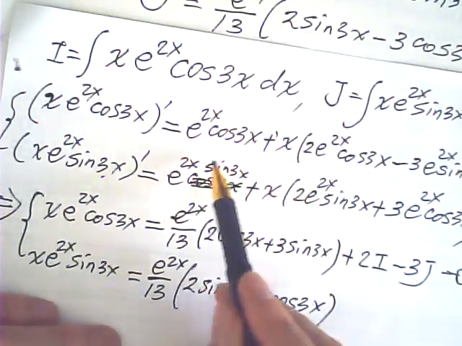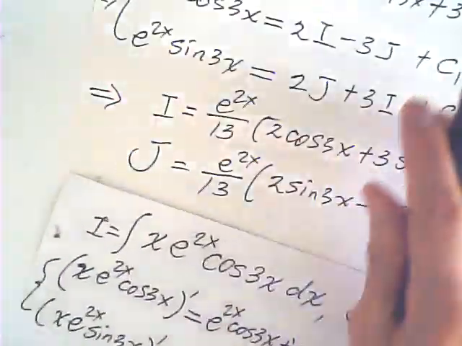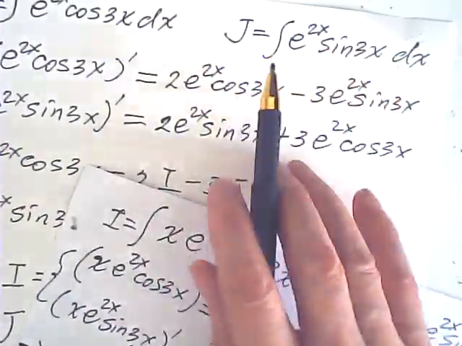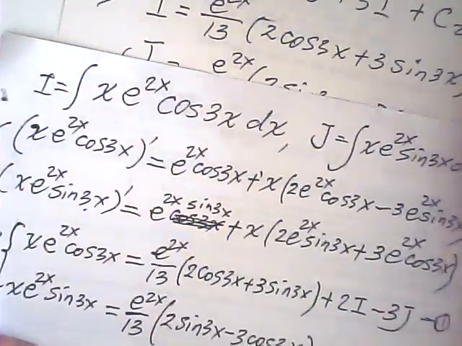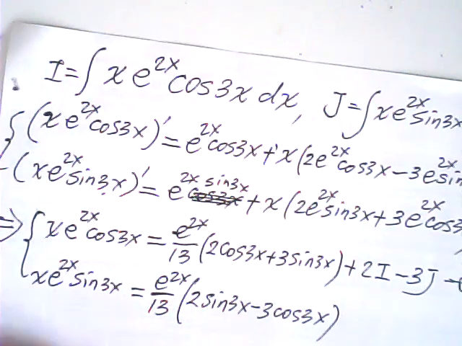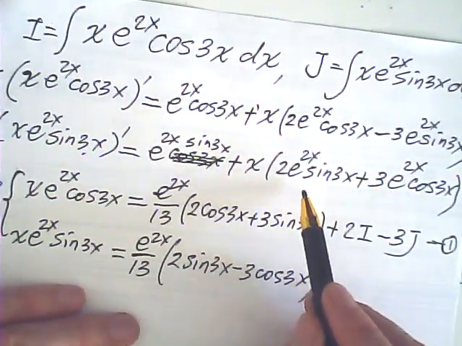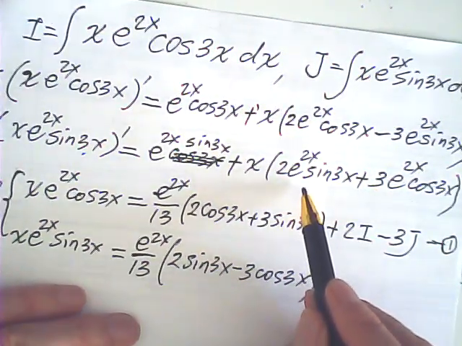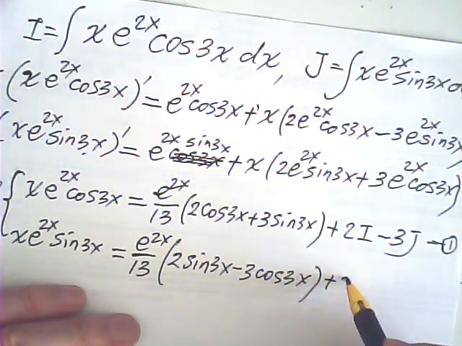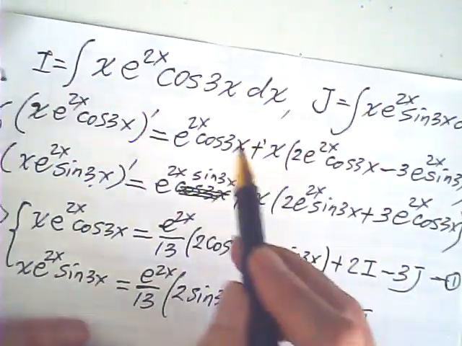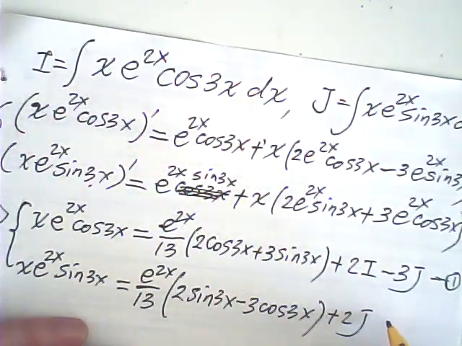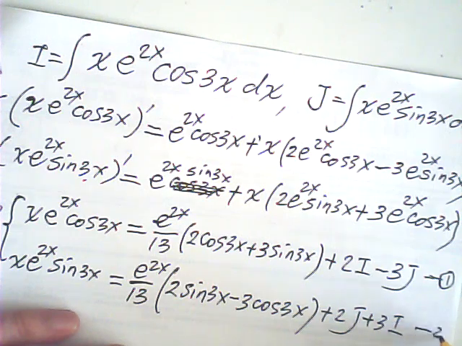That is this antiderivative from my last example. And this antiderivative is 2J, and this integral is 3I. So this is my equation 2.